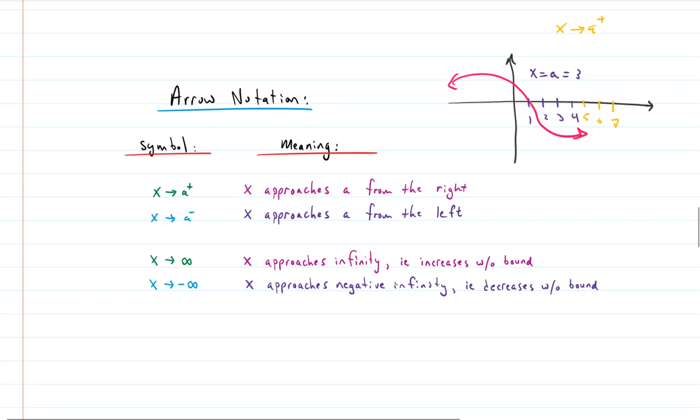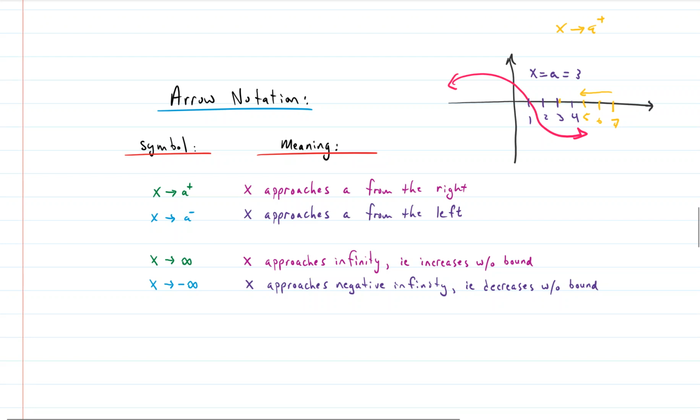We would keep taking successively smaller x values until we got really close to A, but we didn't actually hit it. We got super, super close. So we would be approaching A from the right side, the positive side. That's all it means. You're just taking successively closer values to A from either above A or below A.